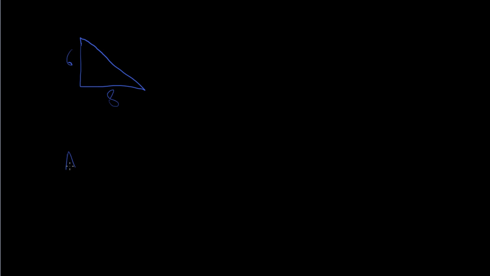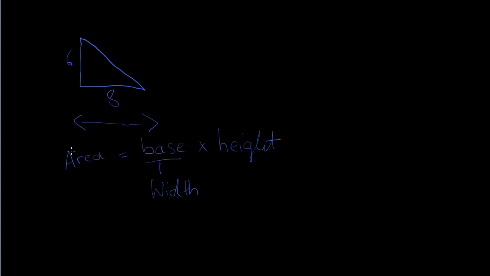And you know that the area will equal the base times the height. Now the base is another word for saying the width, right? And the width is just this width here, and the height is obviously this here.